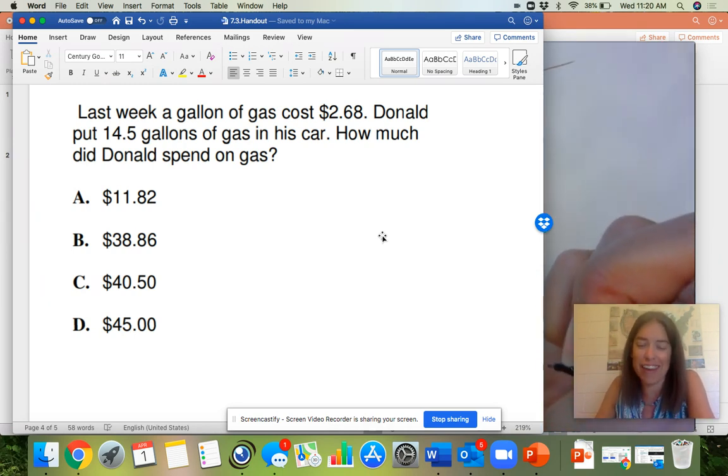Number 2, I can't quite figure it out just based on my estimate, so I'm going to have to pick a strategy I want to use to solve.